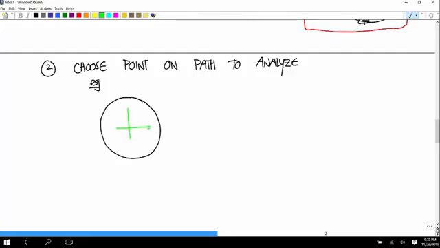So there's the coordinate system. In some problems, it tells you a specific spot on the circle that you should think about. In other ones, you just have to choose one and be consistent with it for the rest of the problem. So let's say we're going to think about the train at this location here.